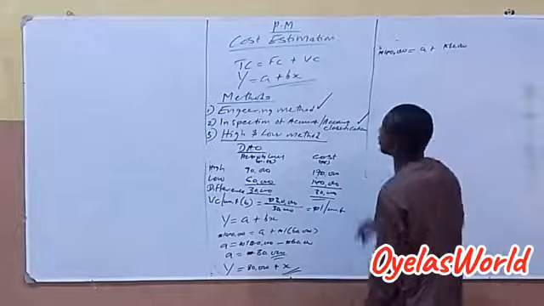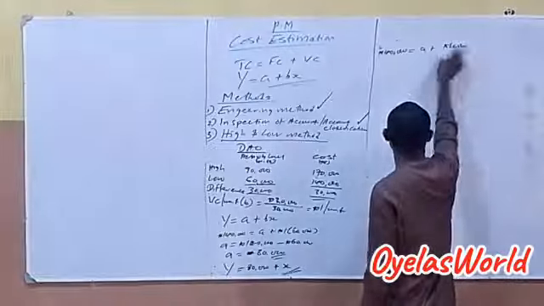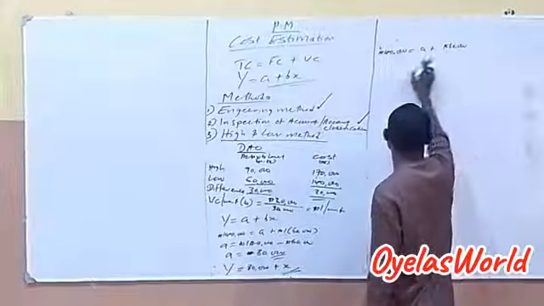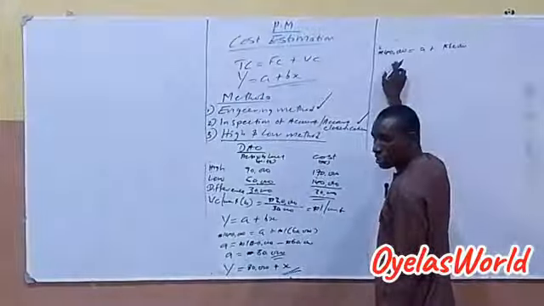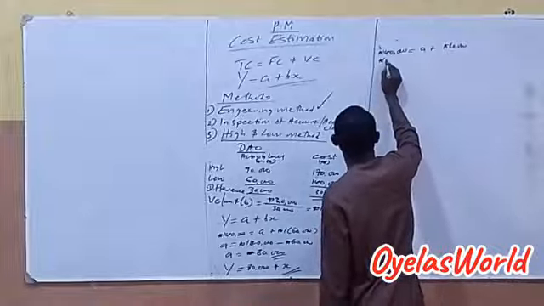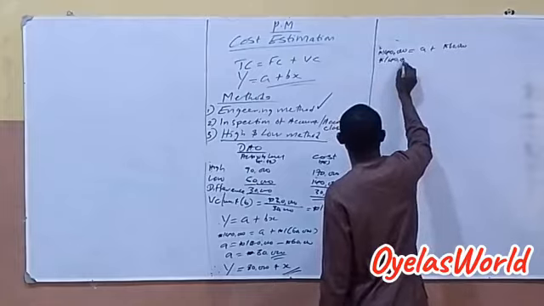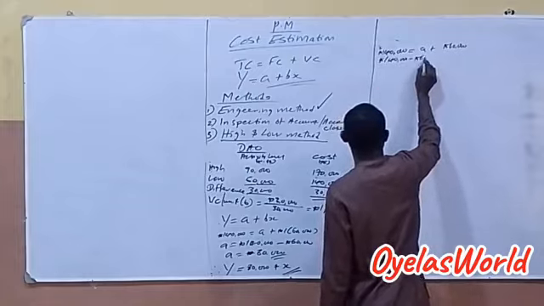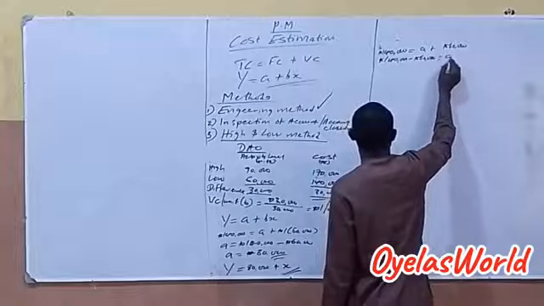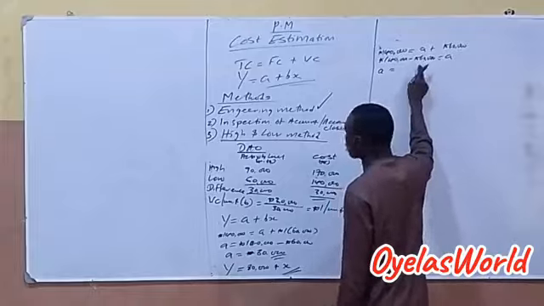You are looking for A. Am I right? If you take the one to this side, positive becomes negative. It now becomes 140,000 minus 60,000 equals A. I mean, A equals 140 minus 60, which is what? 80.